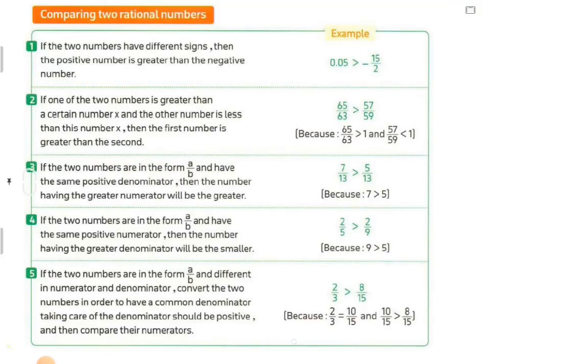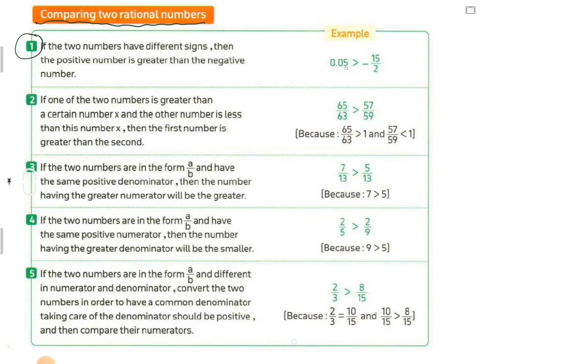Now, comparing two rational numbers. I have two rational numbers. How to compare? What's the meaning of compare? Compare to know which one is greater or smaller than the other. Number one, if you have two rational numbers like 0.05 and negative 15 over 2, how to compare?